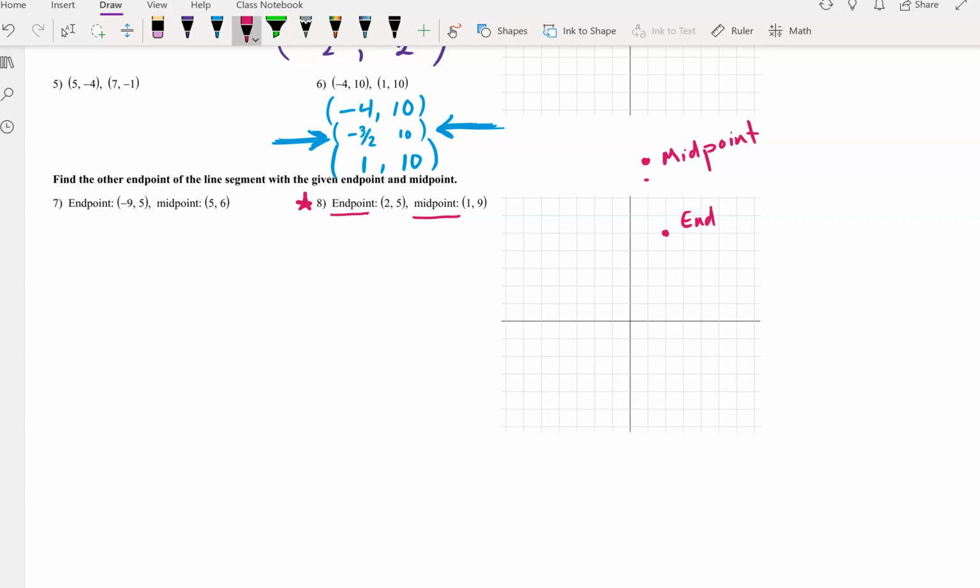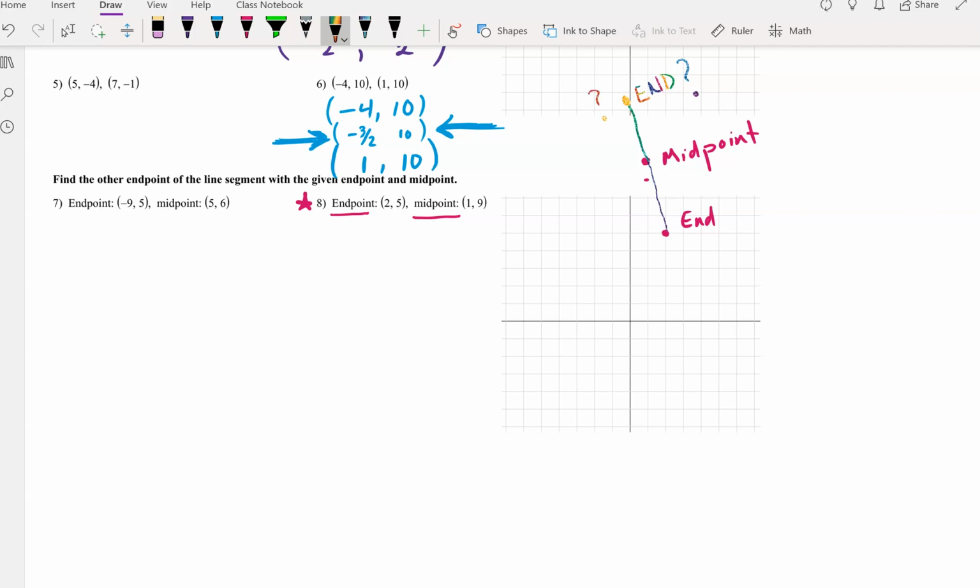Okay, so what that means, and this is a little bit tricky to think about, is as I start to draw this line segment, I actually have to go to the middle and then keep going on my graph to another endpoint up here somewhere, right? And so the trick is, how do I find that endpoint?